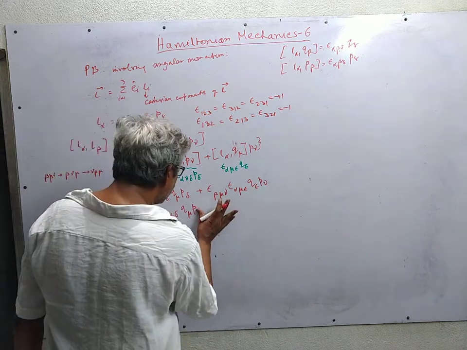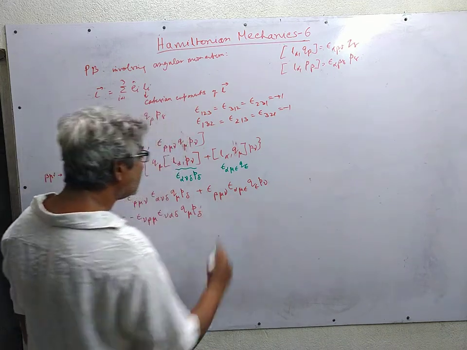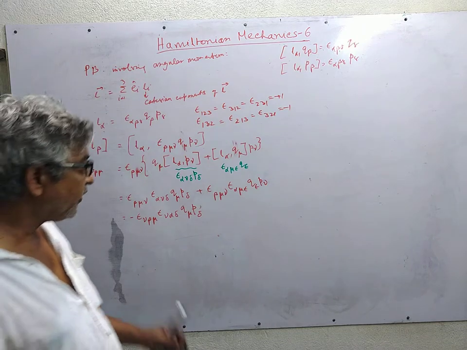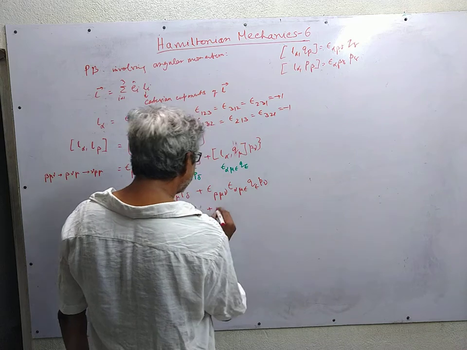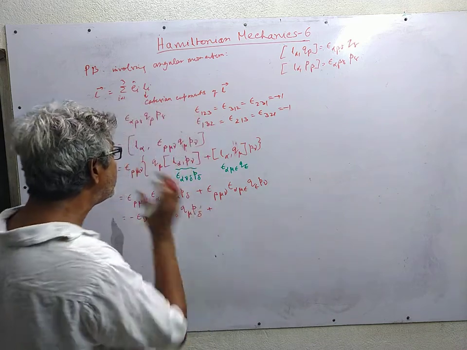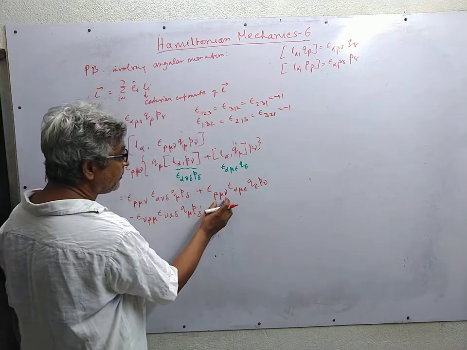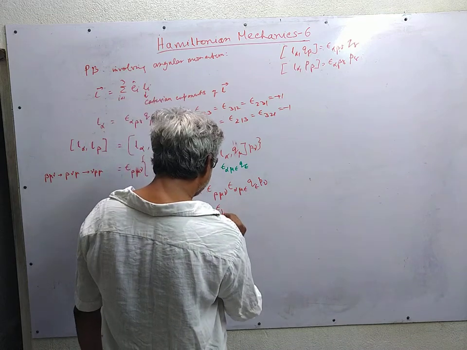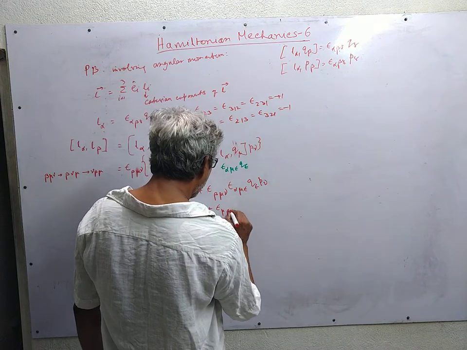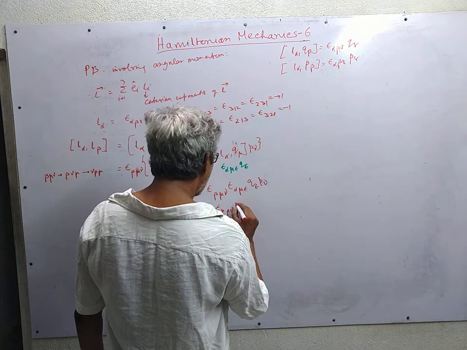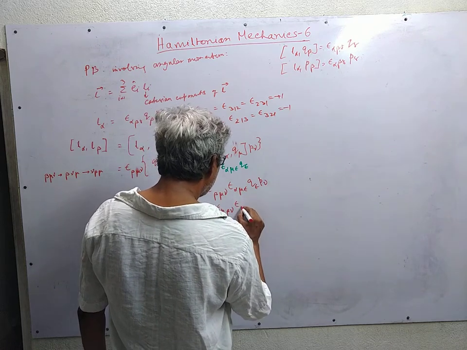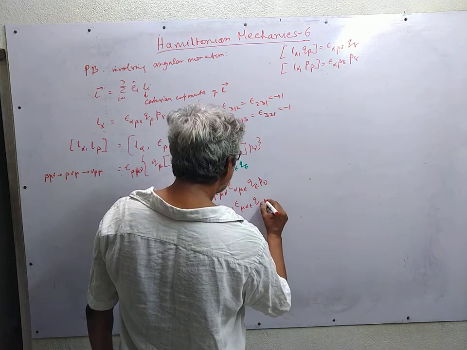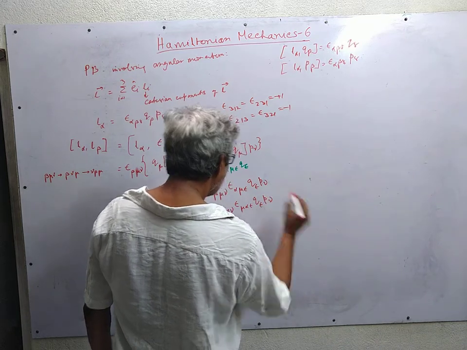Similarly, in these two epsilons, we shall bring the repeated one in the first place. So here the repeated index is mu. If we bring mu, here we will have a negative sign and there will be another negative sign. So it will be epsilon mu alpha beta, and this will be epsilon mu alpha epsilon, p mu.